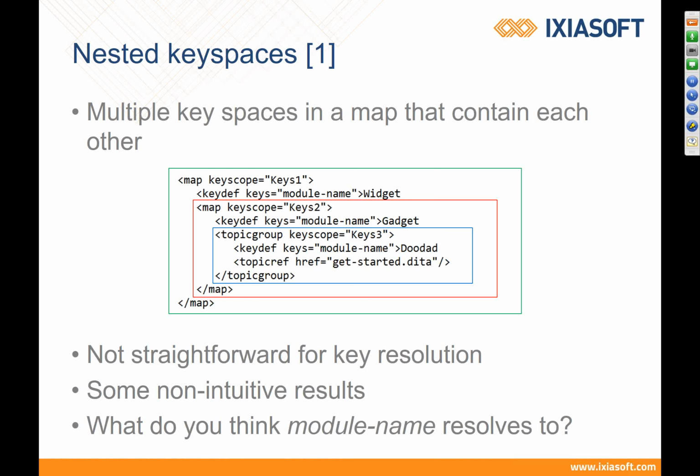So what would you think if you were looking at this map, and if you know the answer, don't cheat, it's kind of like playing team trivia, don't blurt it out, as they say. What do you think the module name key would resolve to? Well, let's find out.